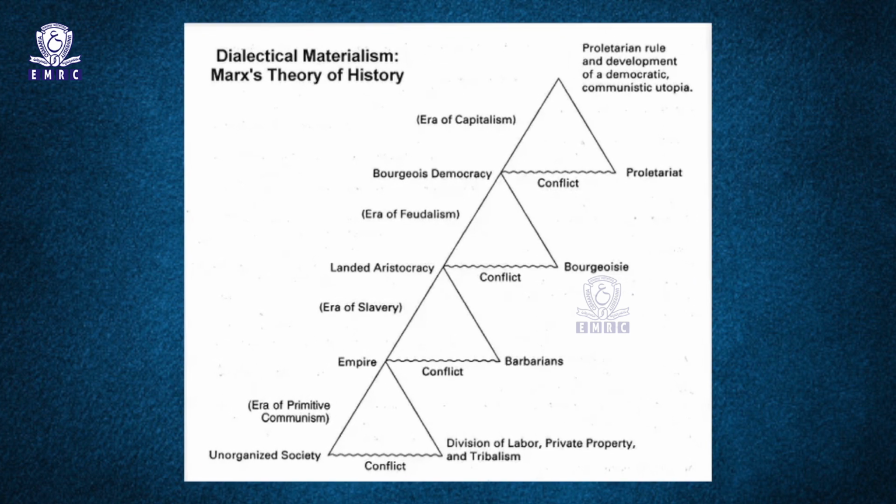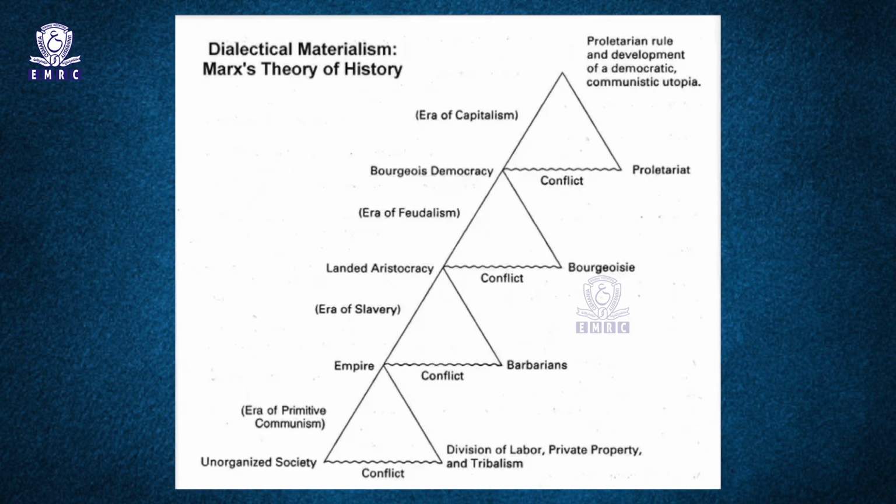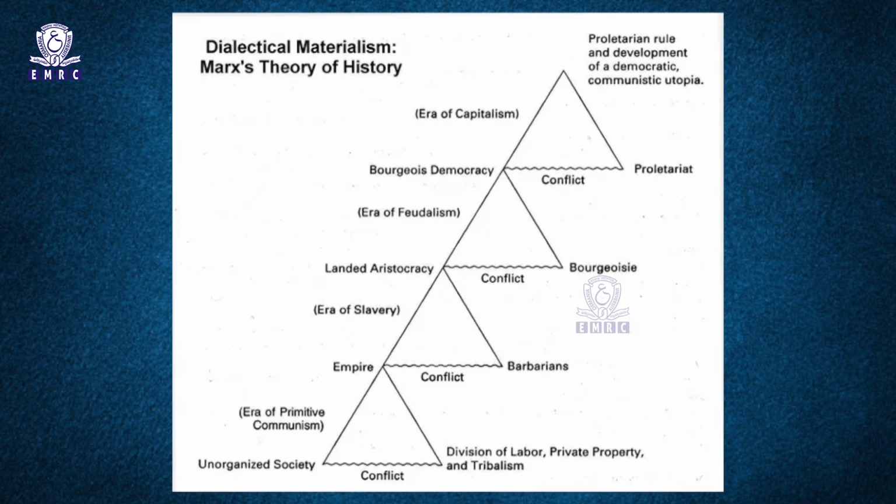Marx had borrowed the concept of the dialectical process from Hegel. Hegel conceived of history as a dialectical process or struggle of opposites in which the dominant idea of each age assumed the role of a thesis.